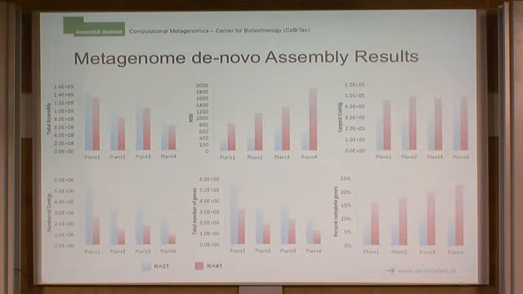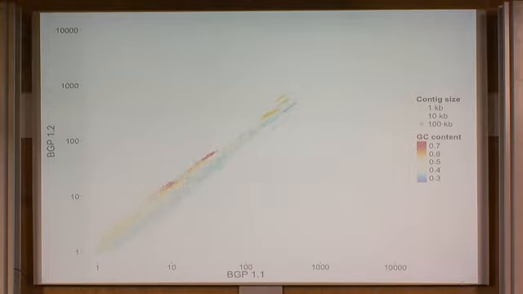Okay, so what we did next is combine all these data sets and do one big co-assembly. And then, of course, we want to know which genes are actually present in which of the samples. So we map the reads back to the contigs of the co-assembly and look at the coverage.